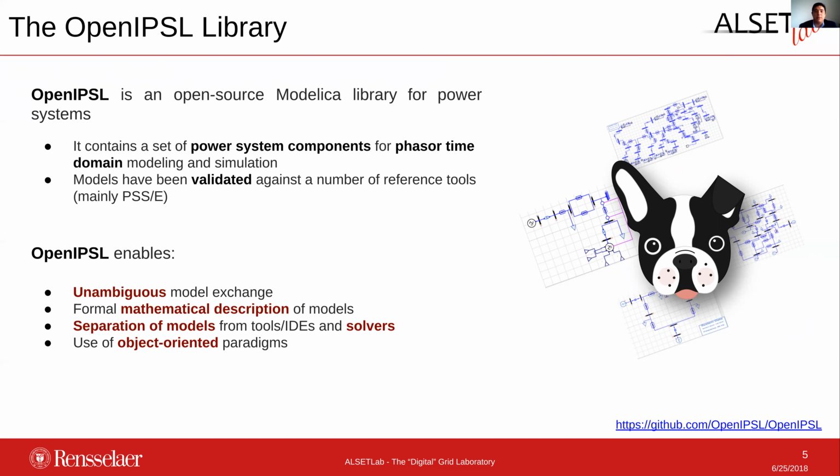We have a formal mathematical description of the model, so it's very transparent. And we can separate the models from the tools, the IDEs and the solvers. So now you can use the tool that better fits your needs and the library without having to be tied to something specifically. And of course, the use of object-oriented paradigms.